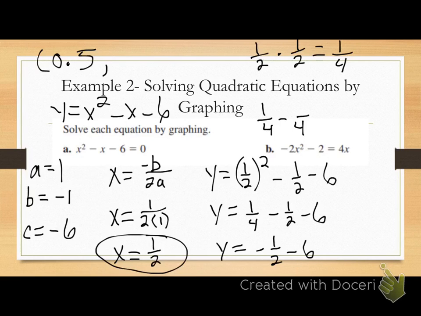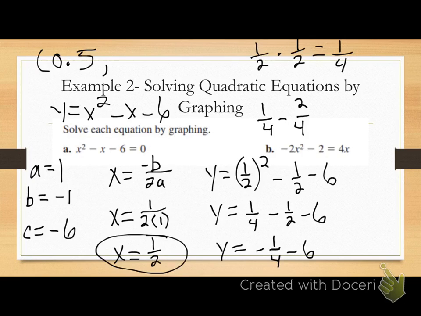So it would be 1/2 written as a fraction with 4 in the denominator, 2/4. So what's 1/4 minus 2/4? Actually, it's not negative 1/2. Sorry. What is it? Negative 1/4. My apologies. So now I get negative 1/4 minus 6.